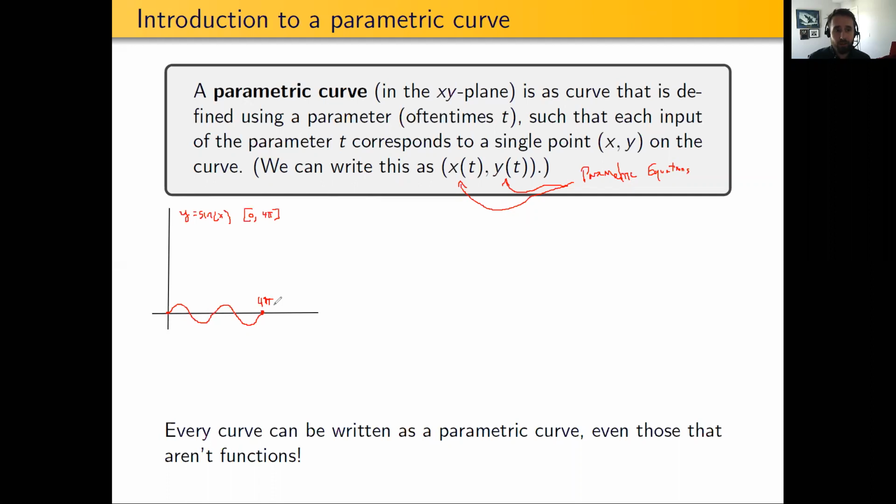So notice the way that I drew this, right? I had a single point on my pen that started here and then just traced out the curve itself. And this is a great way to think about parametric curves, right? A parametric curve, I think of it using a parameter, often t. I can think of that t parameter as representing time. And as time flows forward, I can think of my parametric curve as being traced out in time. So maybe at time t equals 0, I'm right here.